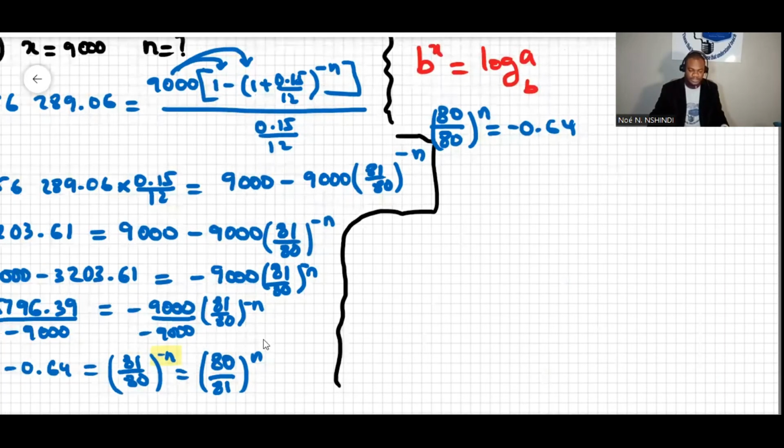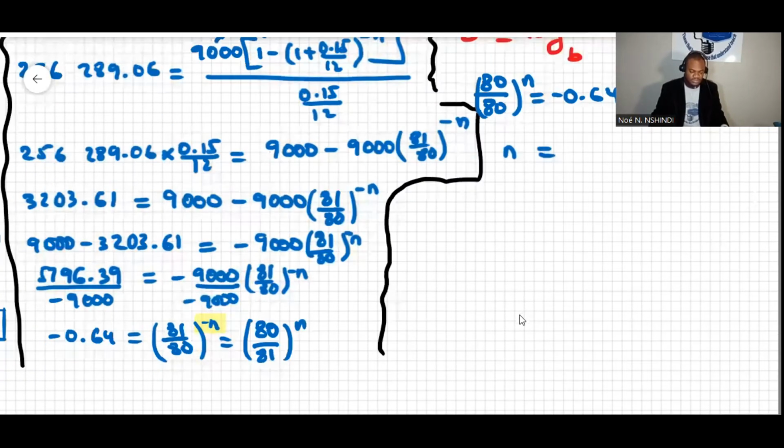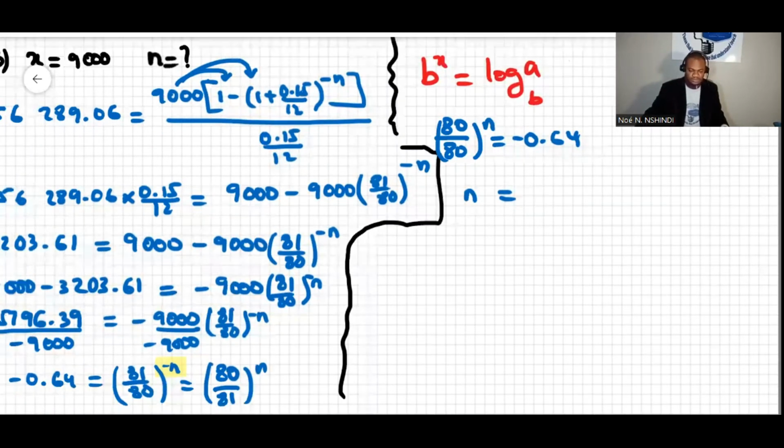Yes. So if we apply the logs, this means that n will be equal to, okay, log of... negative numbers don't exist, but over here we will do... okay, hold on a second.